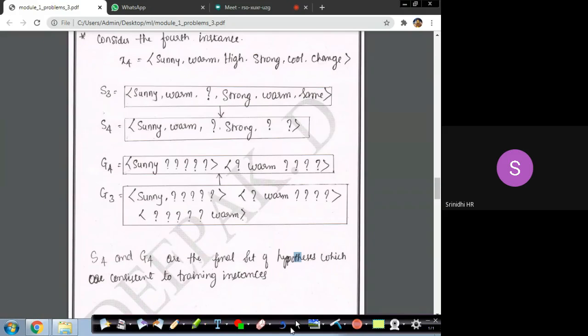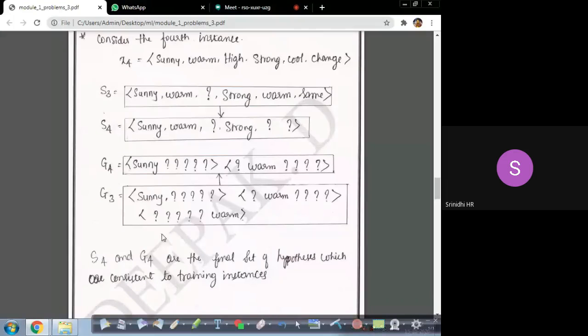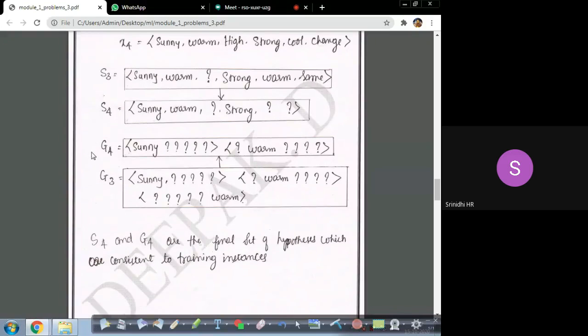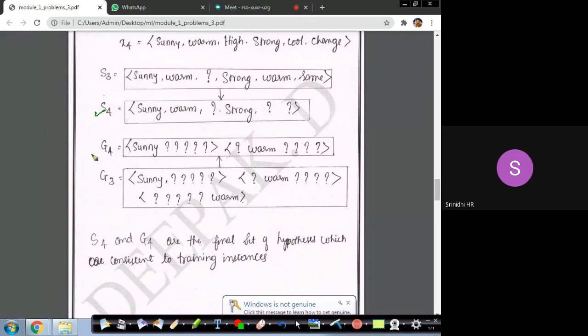Yes, sir. Okay. So now, considering this, we'll be finalizing this. We had only 4 instances. So here, in this case, I'll be concluding that S4 and G4 are the final set of hypotheses which are consistent with our training examples.